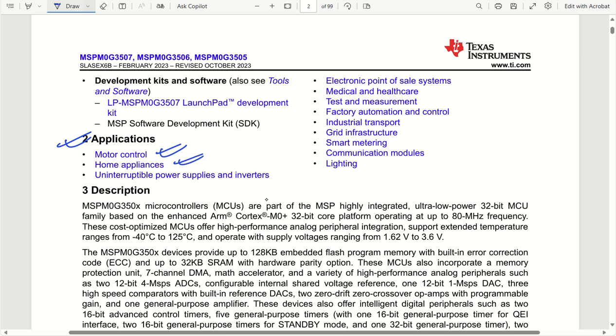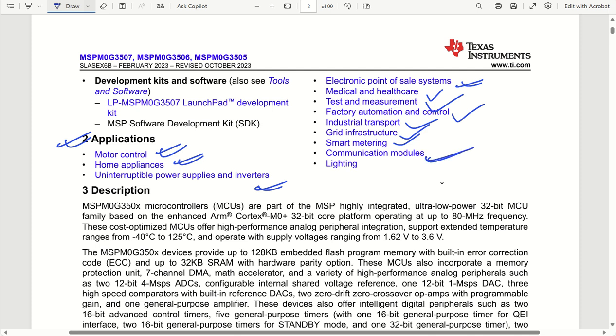Then it has UPS and inverters as well. Then we have electronic point of sale systems, medical and healthcare, test and measurement equipment, factory automation and control, industrial transport like robotics, and grid infrastructure like power meters and smart metering.